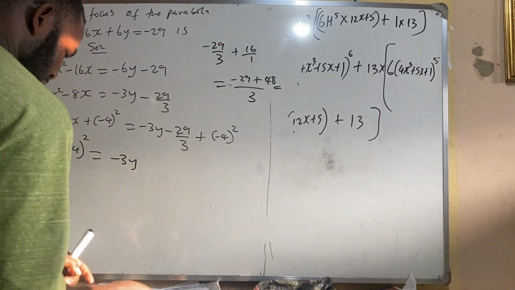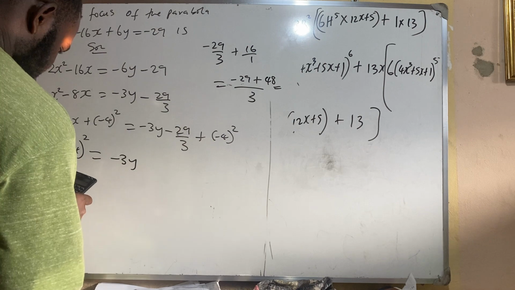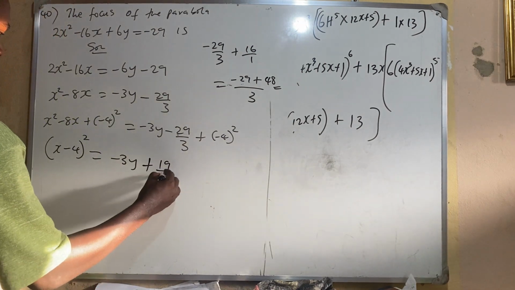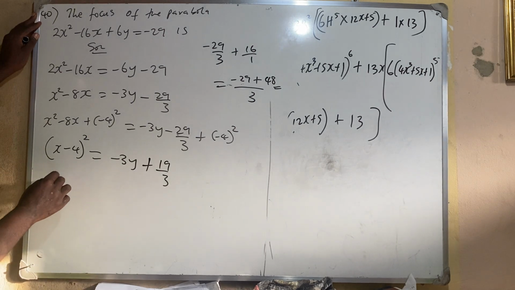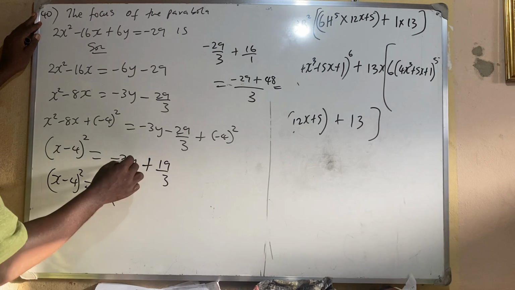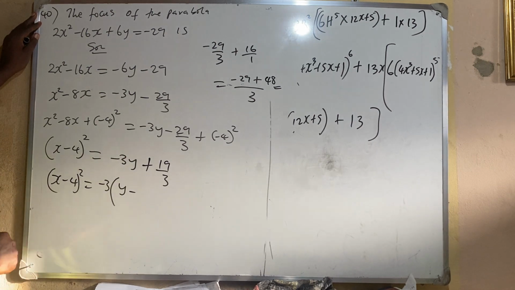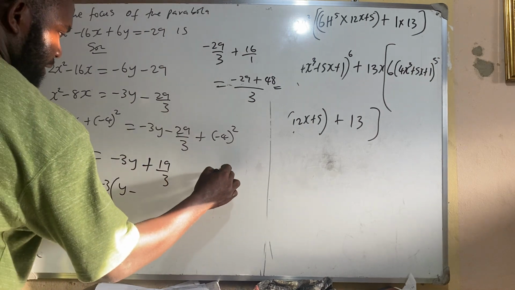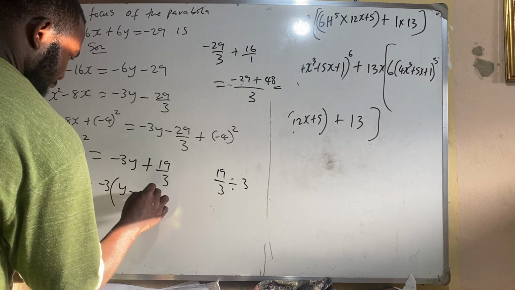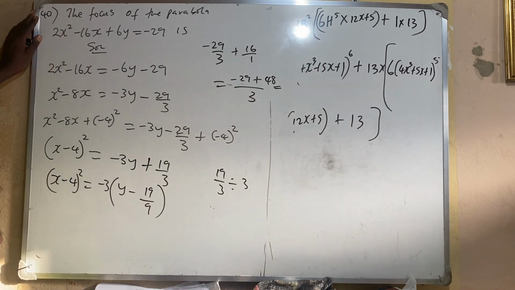So I have 48 minus 29, which is 19 over 3. So I'm now having that x minus 4 all squared is equal to, if I bring that down, minus 3 times (y minus 19 over 3 divided by 3). That is 19 over 9.